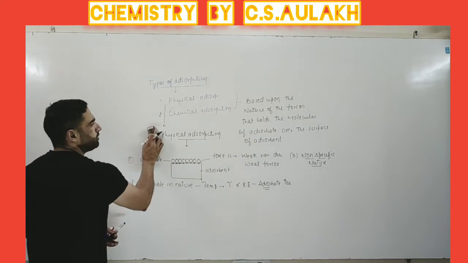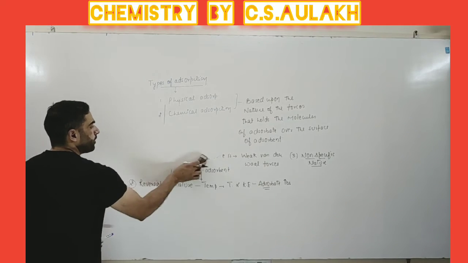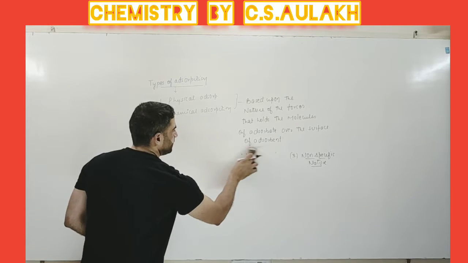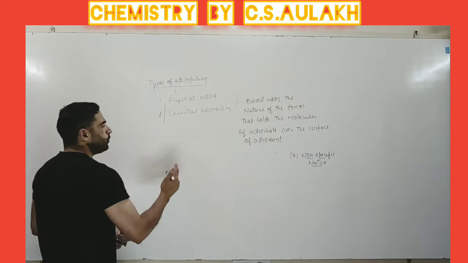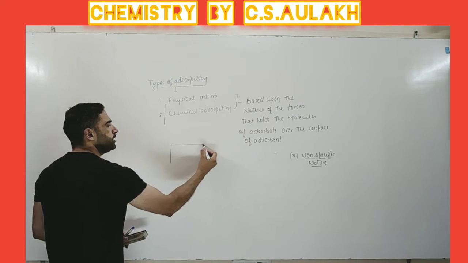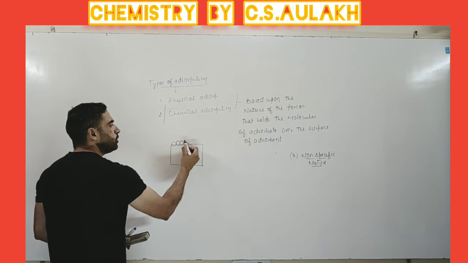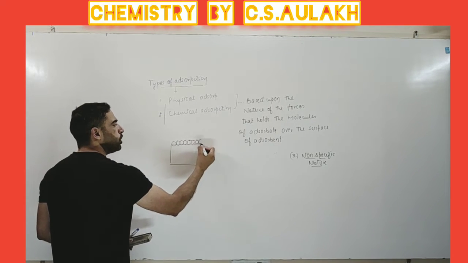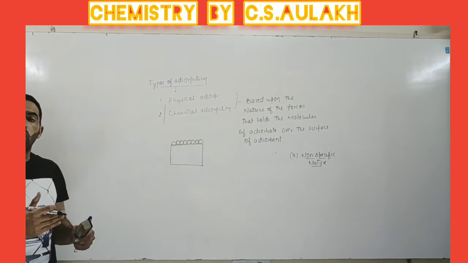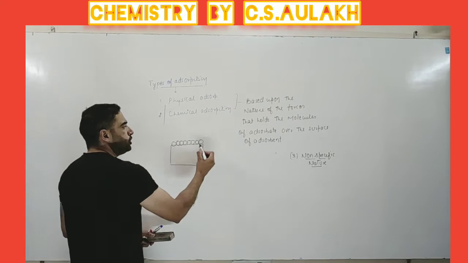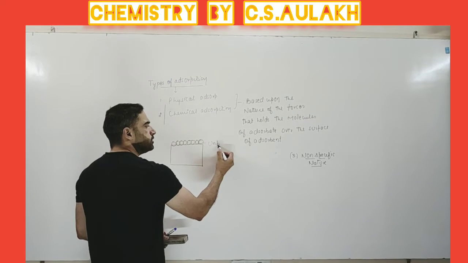With this we have covered three points of physical adsorption. The fourth point is that over the surface of adsorbent, the molecules of adsorbate always get attached due to unbalanced forces.